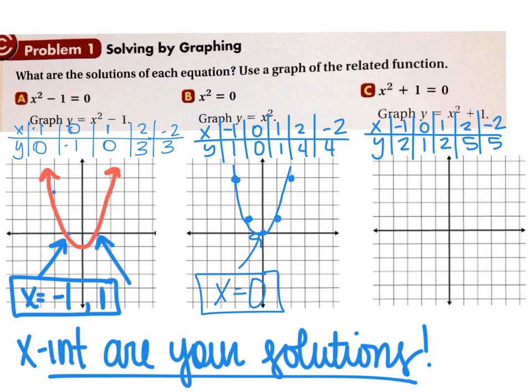So (-1, 2), (0, 1), (1, 2), (2, 5), and (-2, 5). Connect. Look for where it crosses the x-axis. It doesn't cross it anywhere, so that means there's no solution.